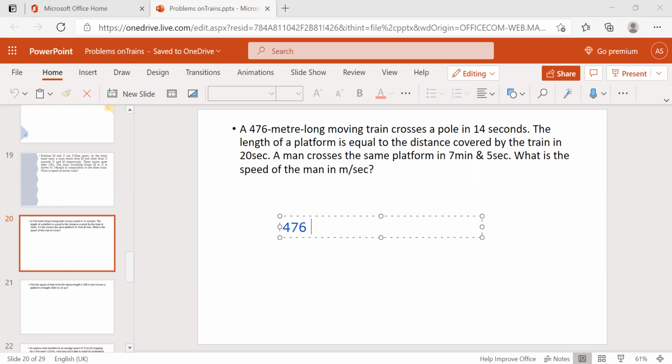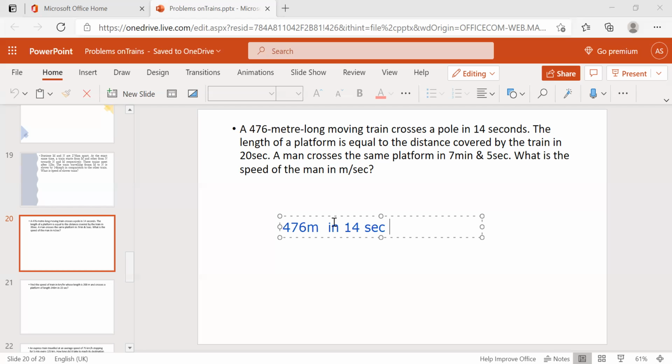How? If the train crosses a pole in 14 seconds, with 476 meters, that means the distance covered by the train is 476 meters in 14 seconds.